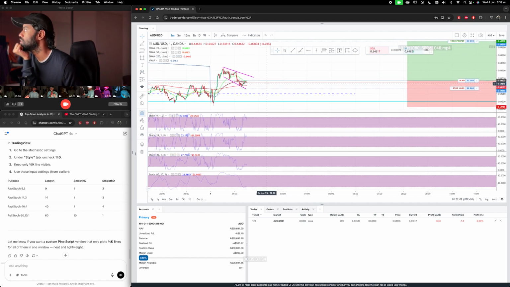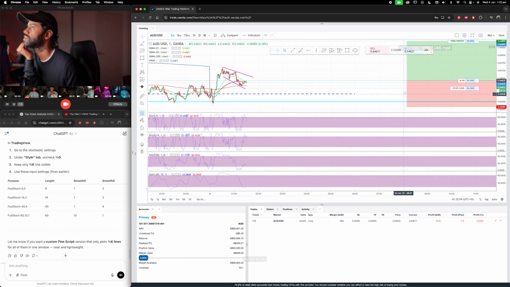I'm going to set it below the 200. Yeah, that's where the stop loss sits. It's below 200. Goes below the 200.